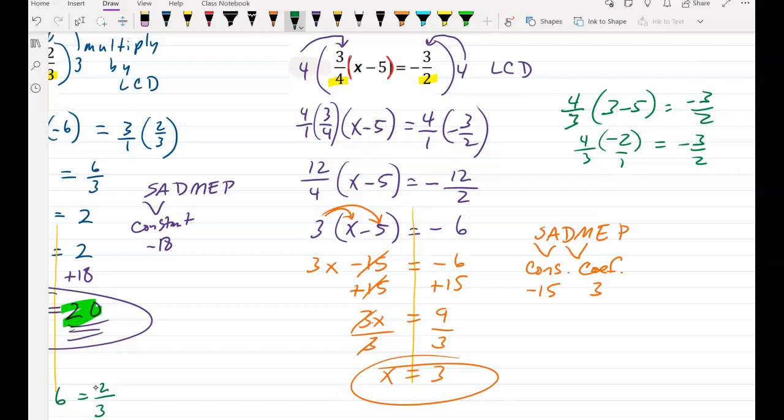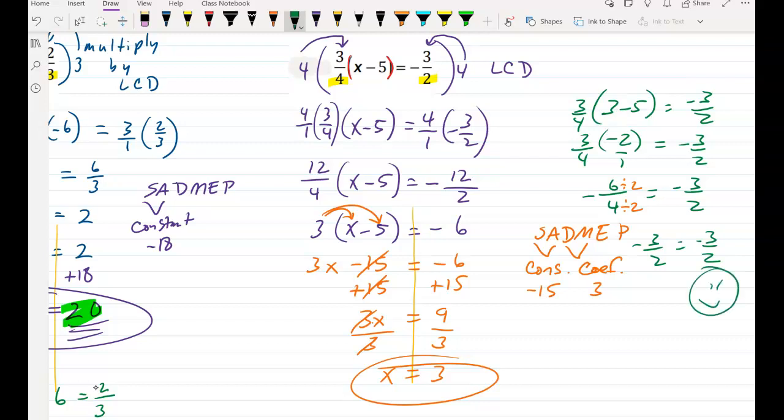Oh, sorry, I said 4/3, it's 3/4. What was I thinking? 3/4. Okay, now 3 times 2 is 6. 4 times 1 is 4, and that's negative because multiplying negative times positive. Negative 6/4. If I divide both of those by 2, I would get negative 3/2 equals negative 3/2. So it checks out. Everything's good.